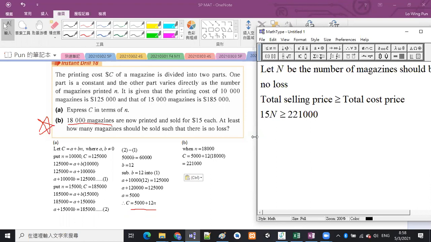Okay? And then when you use the calculator to divide the 15 to the right-hand side, you'll find that it should be equal to 14733 and 1/3. So n should be larger than or equal to this number. But n is the number of magazines. It should be a positive integer.